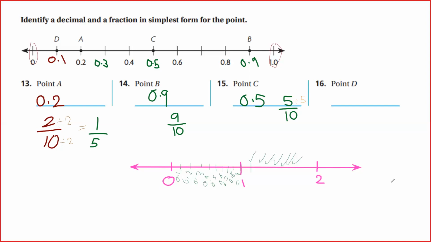By 5. I told you 5 can be divided by 5 only. And down by 5. Bravo. 5 over 5 is 1, and 10 divided by 5 is 2. So 1 over 2. Bravo, thank you.